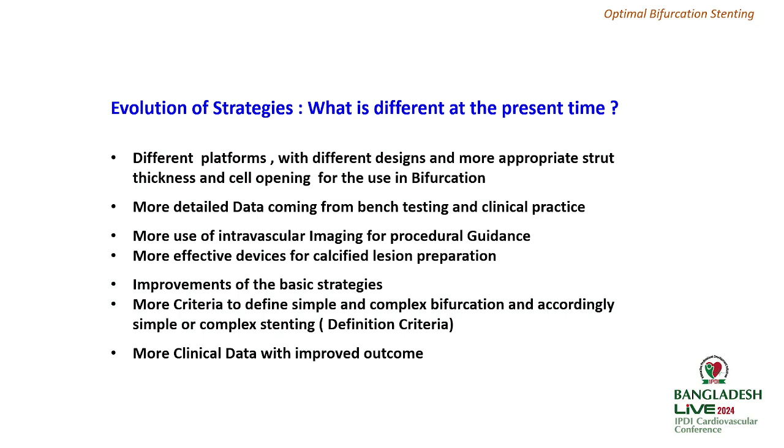And what is different at the present time is that we have different platforms with different designs, more appropriate stent thickness and more conformable to the bifurcation interventions, more detailed data coming from bench testing and clinical practice, more use of intravascular imaging and procedure guidance, more effective devices for calcified lesion preparation, that means debulking, and improvement in basic strategies, more criteria to define simple and complex bifurcation, even if we do not have yet a universal definition of what is complex and what is simple.